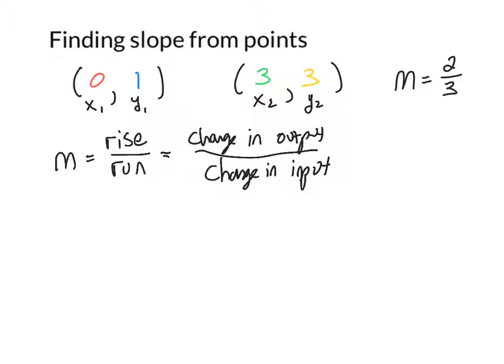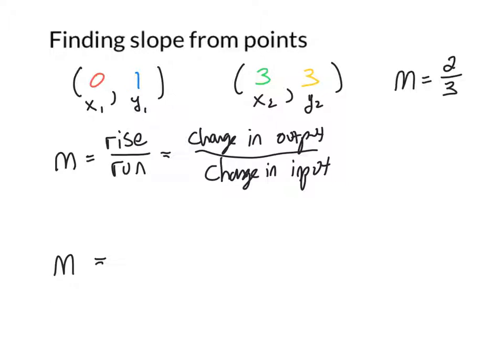Now if I want to look at the change in output over the change in input, what I have to do is look at the difference in my x and y coordinates. So here's our output. We have an output of 3 and we have an output of 1. And now what the difference is, if I go from 3 to 1, that would be a difference of 2.